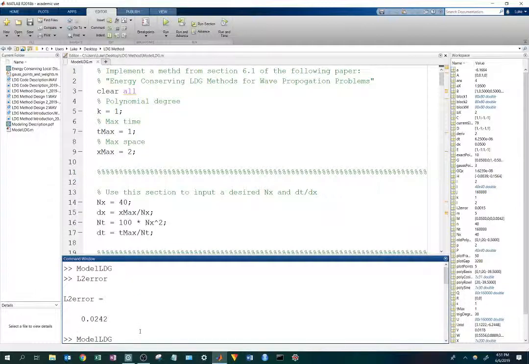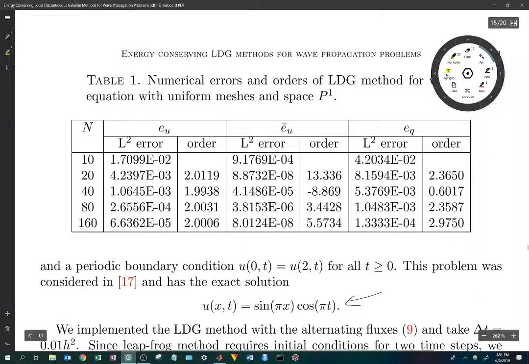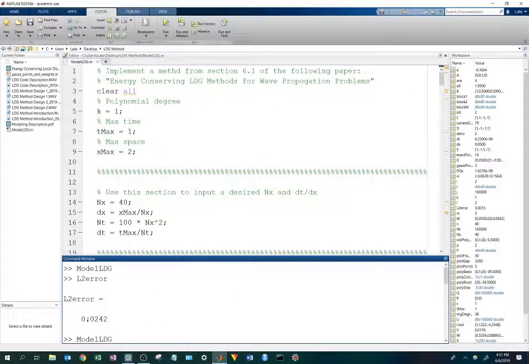One thing I'm a little curious about, we start out with this 0.0242, and in the paper, if we look, we get 1.7 times 10 to the minus 2. So that would be 0.017. So for some reason my error is slightly higher, but I'm still getting the correct order of accuracy.